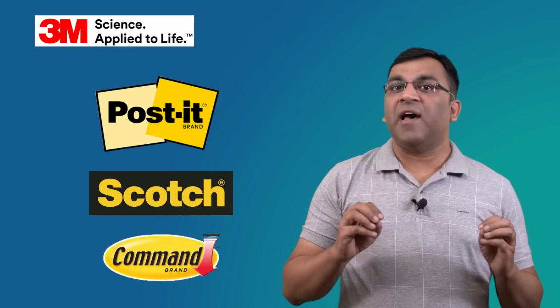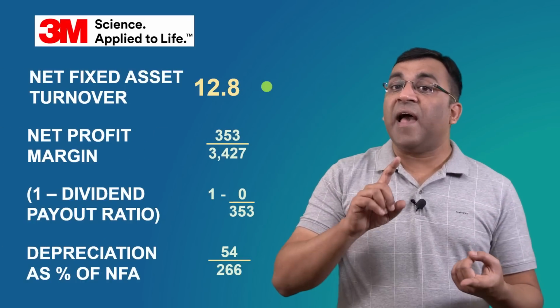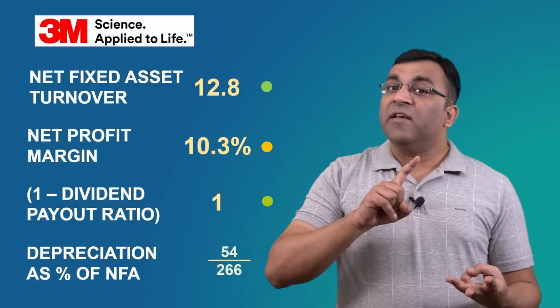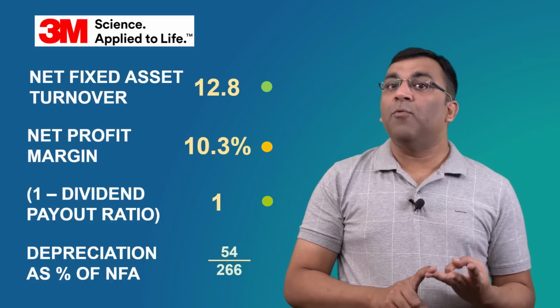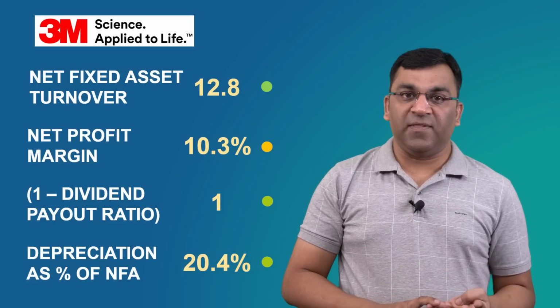It's a company that has been present in India for many years and has enjoyed the fruits of an established brand and well-oiled operations. In the context of calculating its SSGR, 3M offers an exceedingly high NFAT, a moderate NPM, it does not pay a dividend, so the profits go back into the company, and it seems to be using a standard depreciation of 20%.